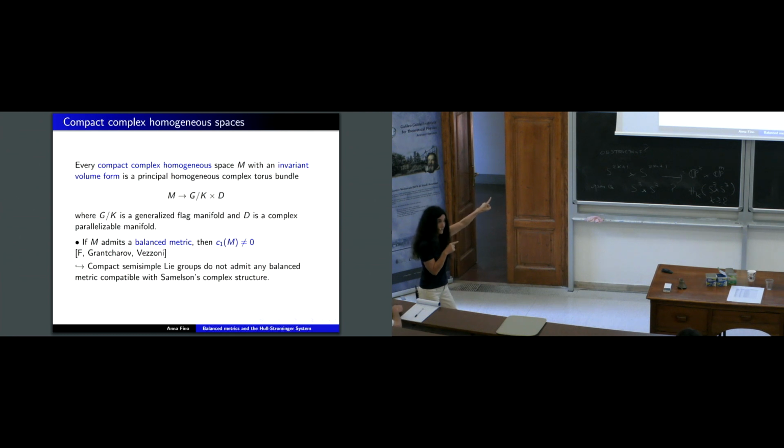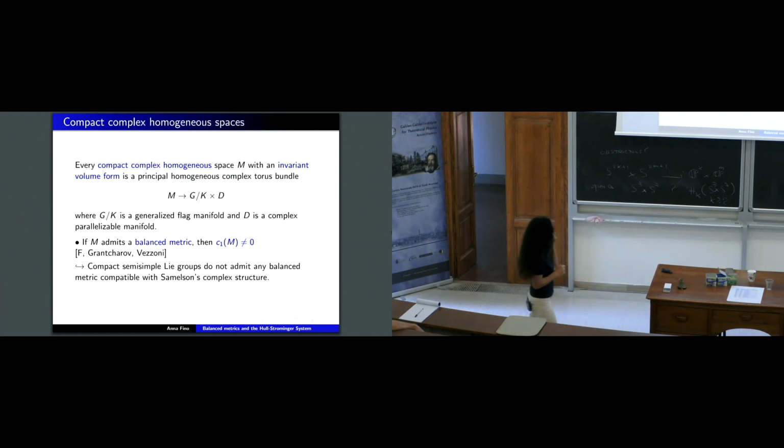If you look at that case, these have a nice geometric description, because these are principal holomorphic complex torus bundles over a product of a generalized flag manifold and a complex parallelizable manifold. If you impose the existence of a balanced metric, you can show that c1 is non-zero. So that's not the nice class to look at.